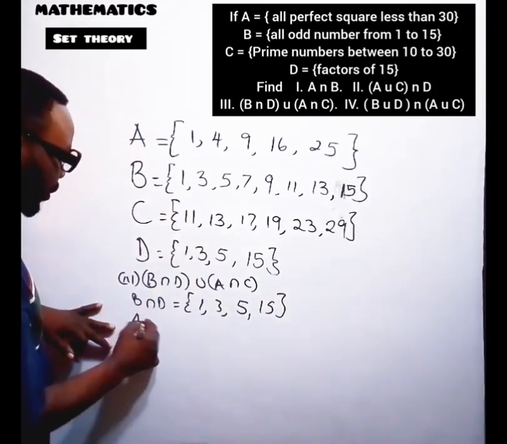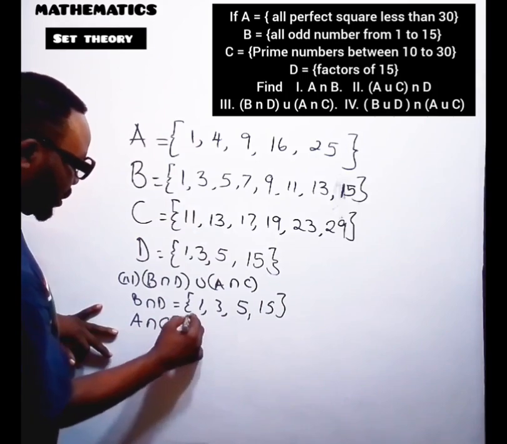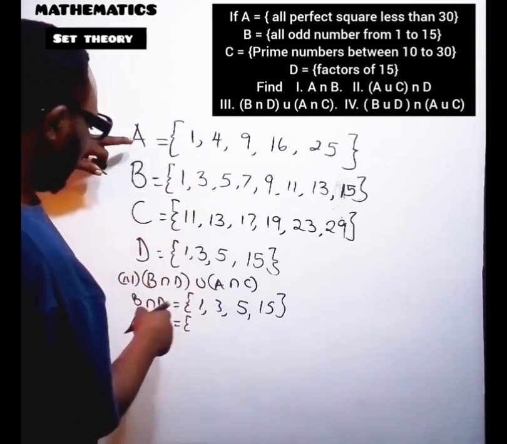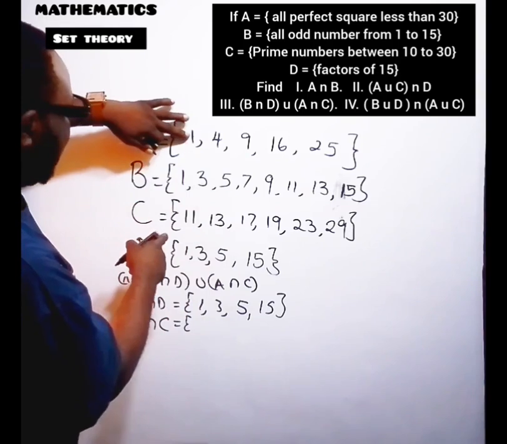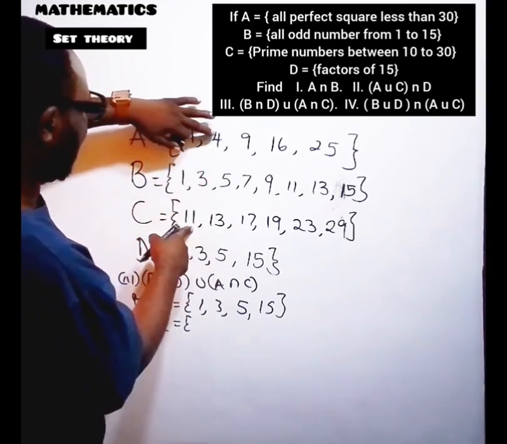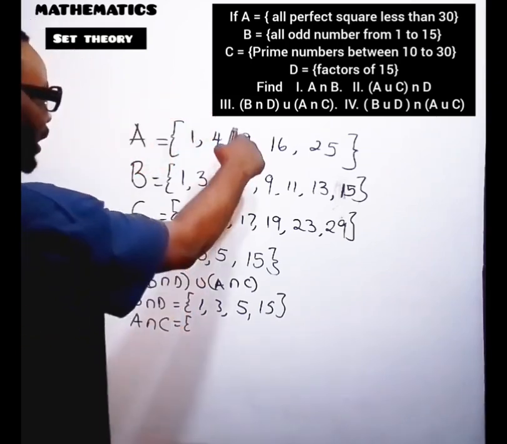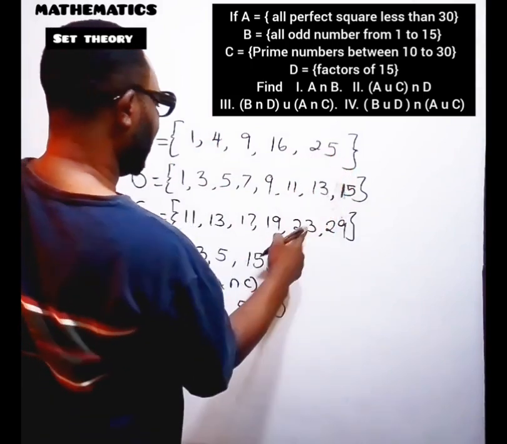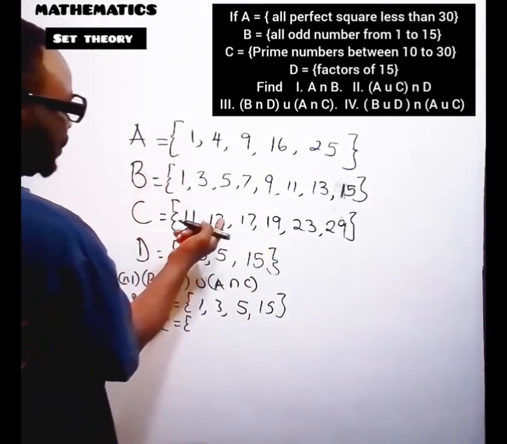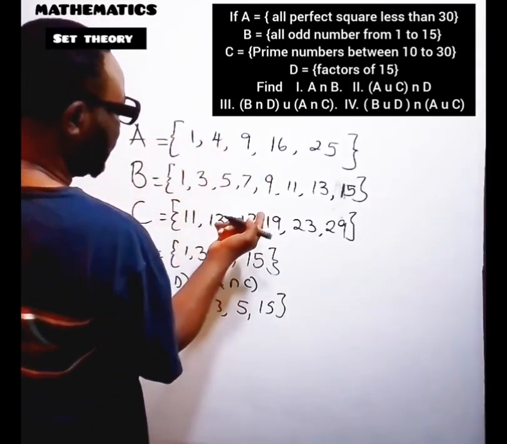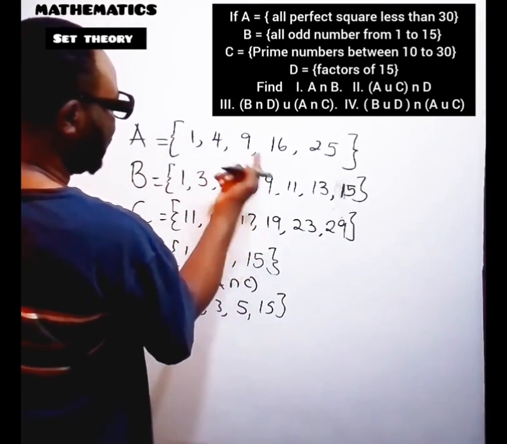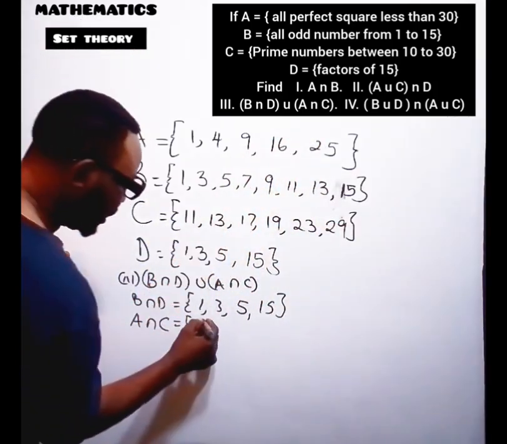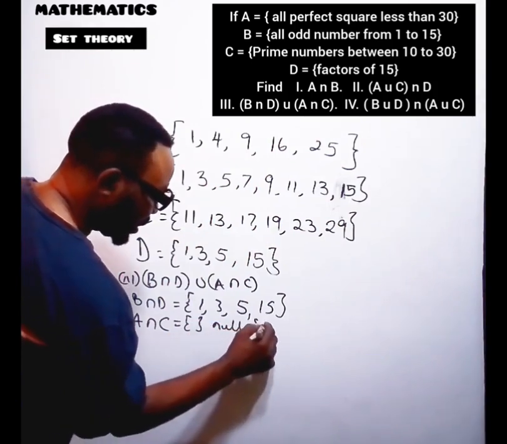Then we are going to find the value of A intersection C as well. Looking at the values of A: 1 is here, no 1 here. 4, no 4 here. 9, no 9 here. 16, nothing related to it. 25, no. 11, no. 13, 17, no. 19, no. 23, no. 29, no. So this one is a null set.